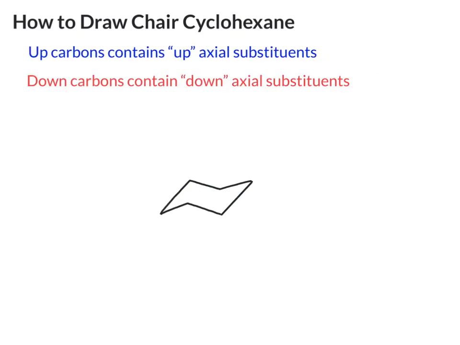We're going to start by learning to draw in the axial substituents. As we do this, remember axial substituents point straight up or straight down. We're going to do this in relationship to the carbon that they're on. So if we identify our up carbons first, we have up carbons here, here, and here.